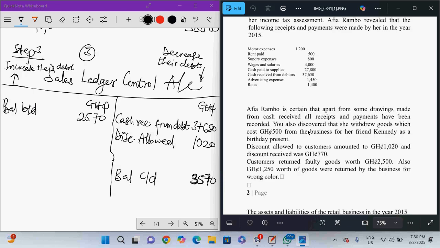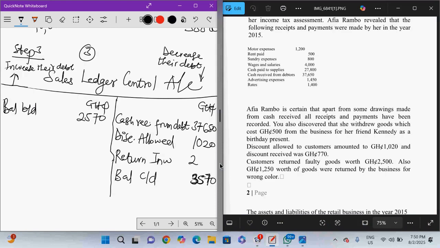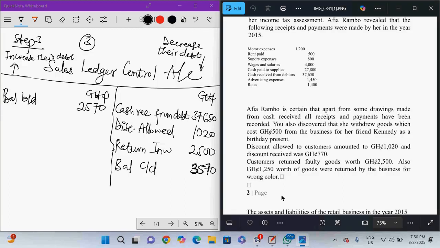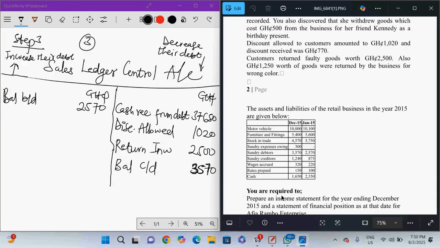It will decrease their debt. They were owing 10,000, now they've returned 2,500, so their debt will no longer be 10,000 but an amount lesser than that. So the return inwards, 2,500, will decrease their debt. The return outwards will go to the purchases control account. Any other thing?